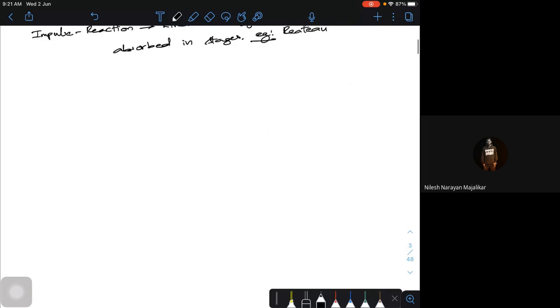So let me look at the steam power plant block diagram. Here I have different blocks.